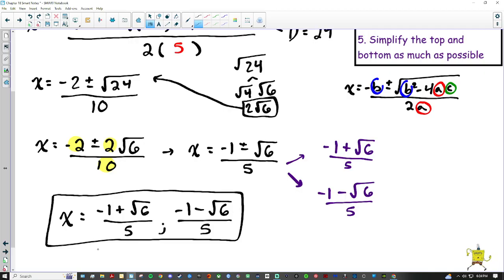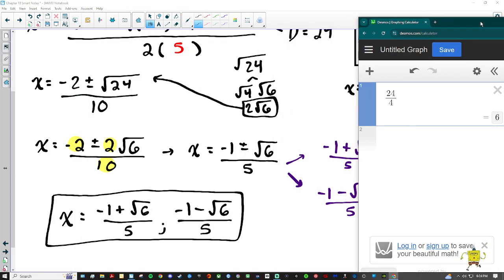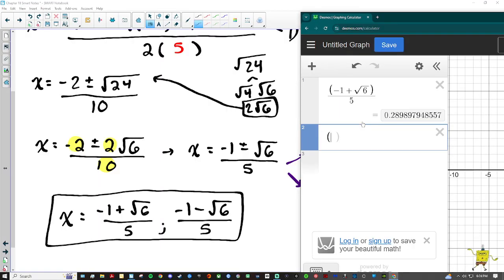Sometimes the problem might ask you to round your answer to the nearest 10th or 100th place. If it asks you to round, here's how we can round. Let's type in the first one. The top in parentheses, negative 1 plus the square root of 6, divided by 5. And negative 1 minus the square root of 6, divided by 5.